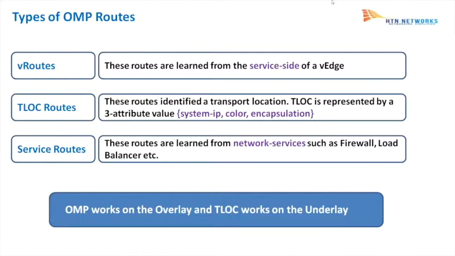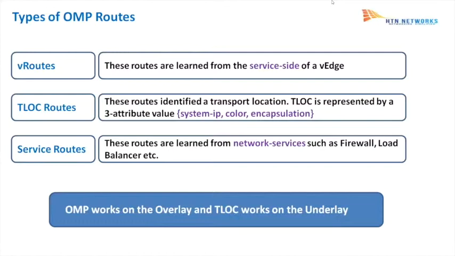Then the next one is the TLOC route. TLOC is basically an identifier for the transport. Let's take an example: if you have 2 circuits on a vEdge router, and those 2 circuits are the exit point from a branch office, how do you configure which path or which circuit the traffic takes when exiting the branch office?